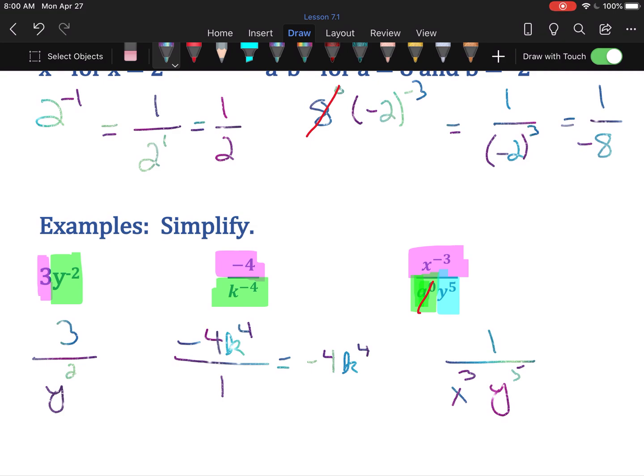Here, that 1 in the numerator is essential because our answer is supposed to be a fraction, 1 over x to the 3rd y to the 5th. When 1 is the denominator, it's pointless because you're dividing by 1, whereas in this case, you're taking 1 and dividing it by stuff. And those usually aren't the same thing.